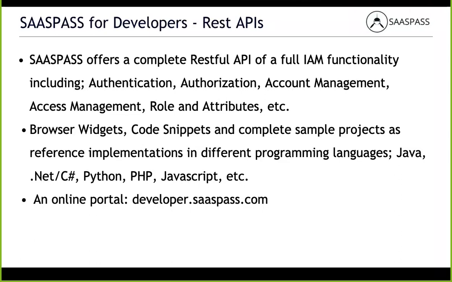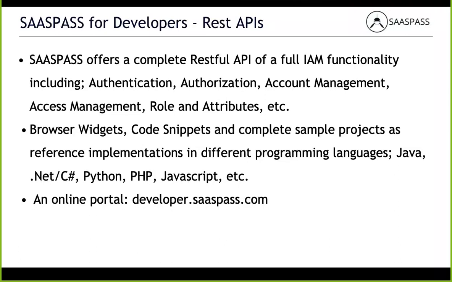We also have complete sample projects that you can download and see working in action. This will be a very good example of how to integrate a project with SAASPASS, taking into consideration that developers may use different programming languages: Java, .NET, C#, Python, PHP, JavaScript, and even more.